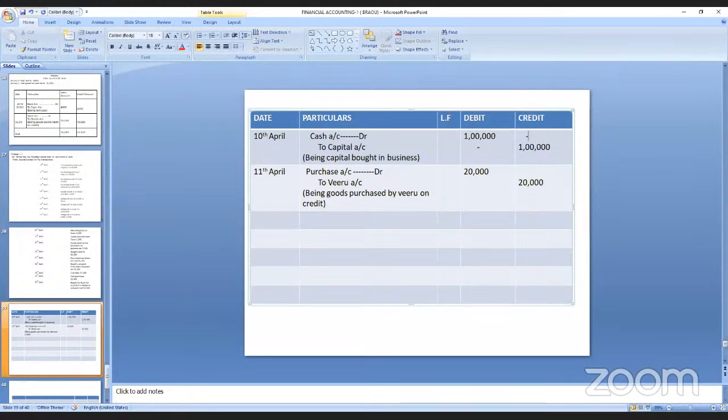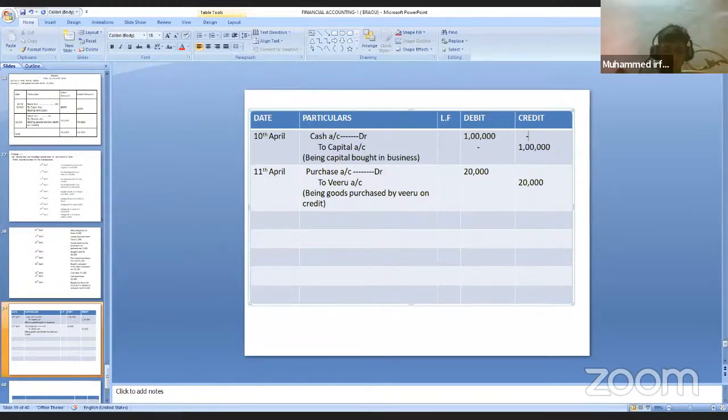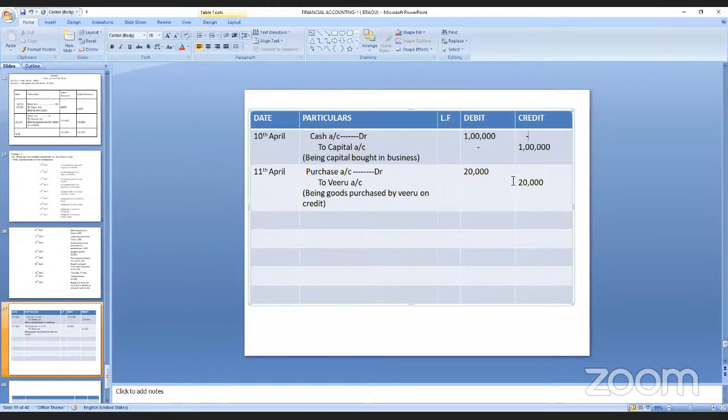Madam, why have you written it is credit? We brought on credit only. When you are mentioning the Viru name, it means he has not paid any cash.